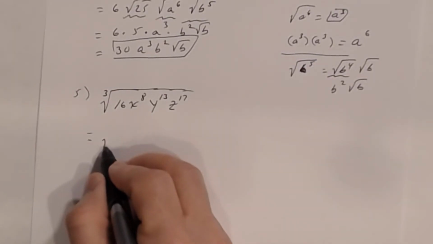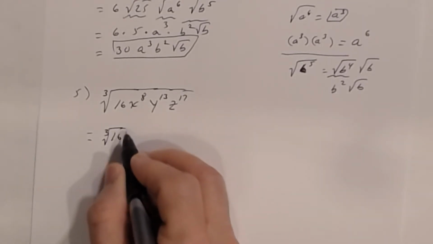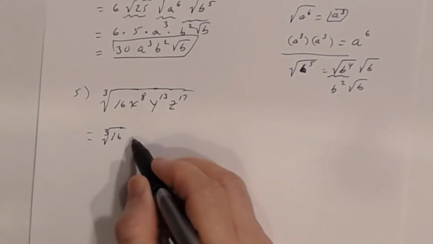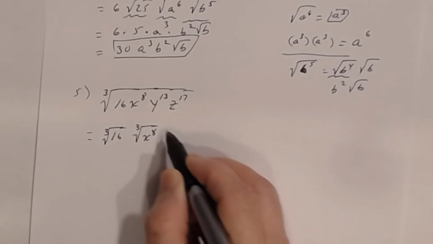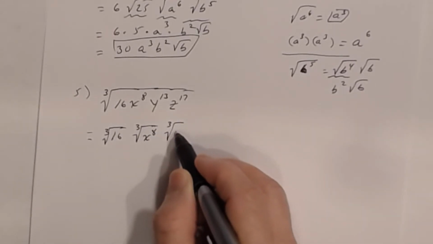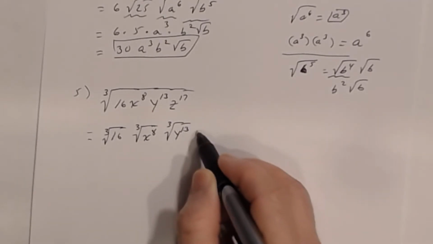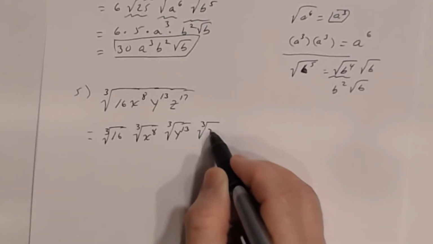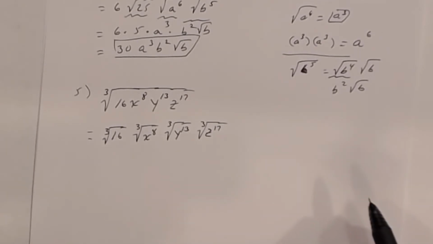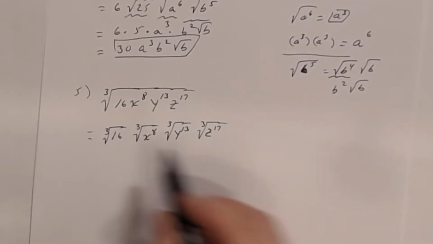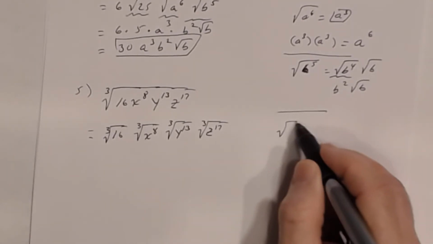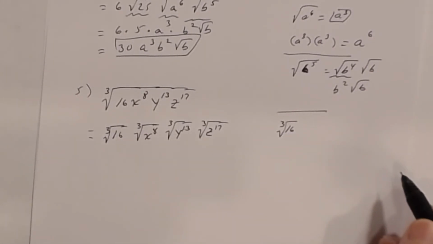So we have the cube root of 16, rewriting it as a product, times the cube root of x to the 8th, times the cube root of y to the 13th, times the cube root of z to the 17th.